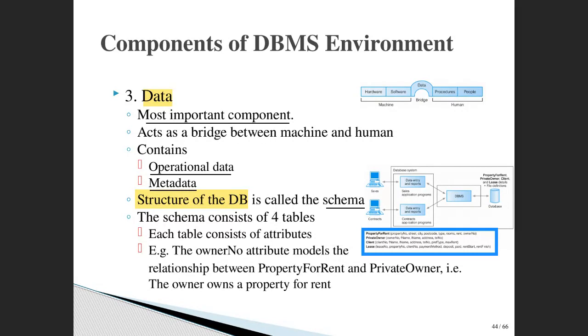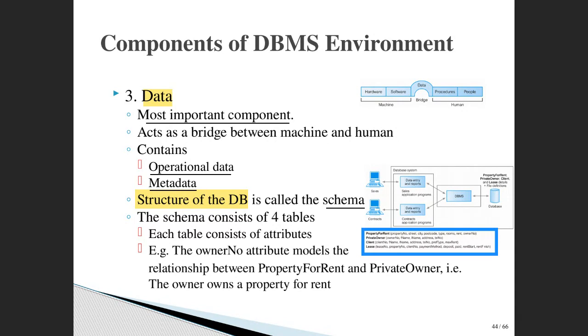For the owner number attribute, what is the relationship between property for rent and private owner? There will be an attribute that links these tables. They give you an example here with the owner number. The owner number is available in which table? Let me check here.